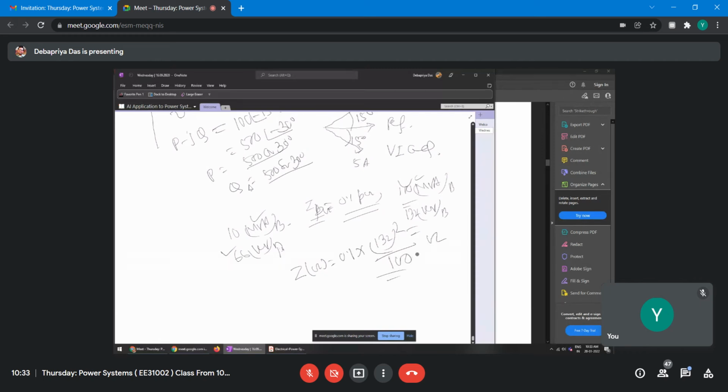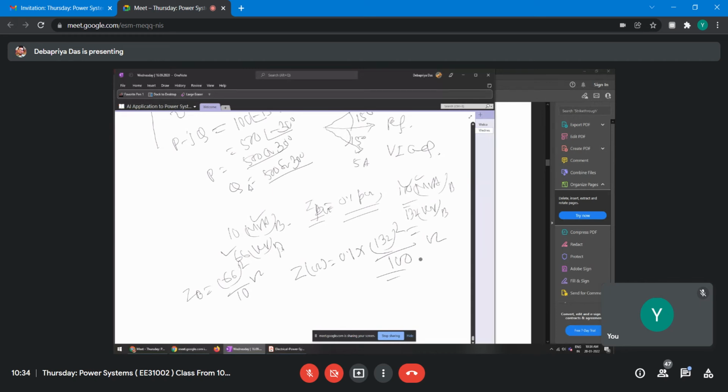Now, if you are asked to find the new per unit value using the new base, the base impedance is 66 squared divided by 10 ohms.